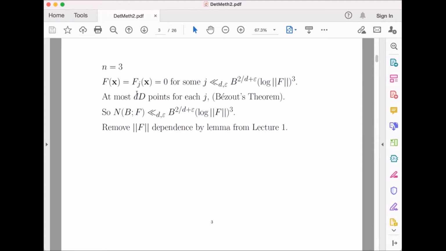And recall that this capital D only depended on the number 3 and the degree d and the number epsilon, so it's bounded in terms of d and epsilon. So the number of points on each intersection is bounded in terms of d and epsilon. So the overall number of points on f equals 0 is bounded by the number of possibilities for j. So we deduce that the overall counting function is of order B to the 2 over d plus epsilon, times log f cubed.